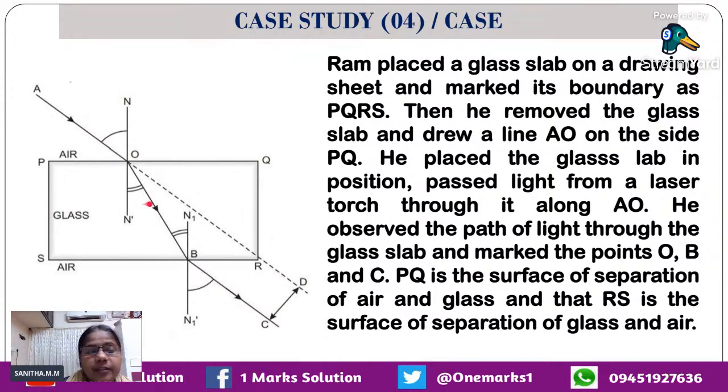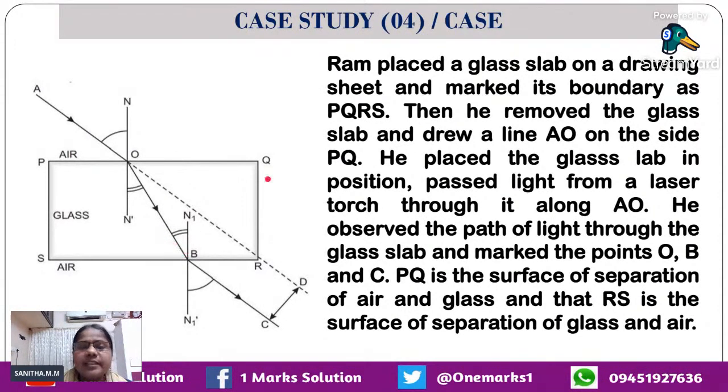You can see that. If it is passing from denser to rarer, that means glass to air, we can say the angle of refraction is more, and the refracted ray will be bending away from the normal. From this difference, you can identify which is the medium, whether it is rarer or denser medium.